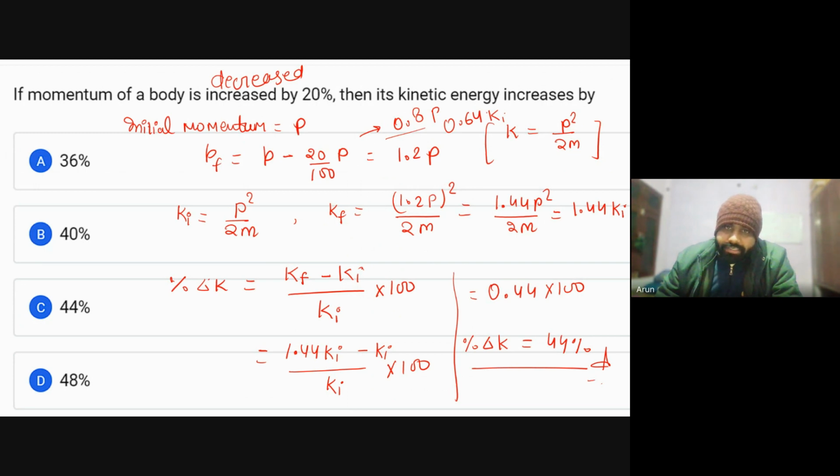Now, if you calculate kinetic energy final minus kinetic energy initial, so final you have 0.64, initial you have kinetic energy initial. So you will take common, so it will be this one minus 36. That is a decrease, not an increase. Okay. In some questions, the answer will tell you whether it is decreasing or increasing. Got it?